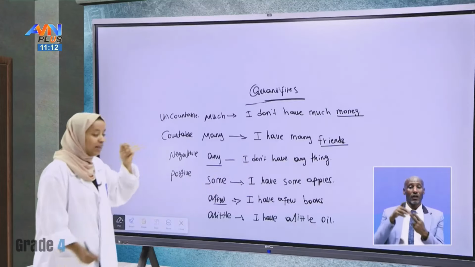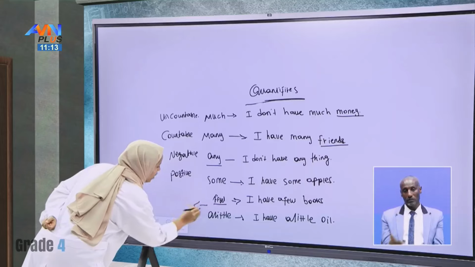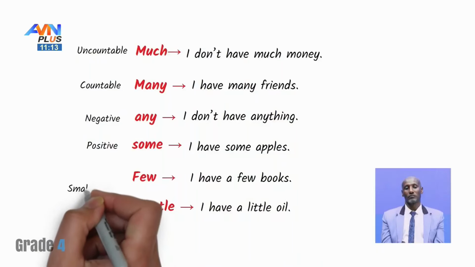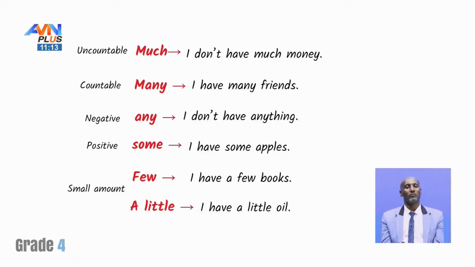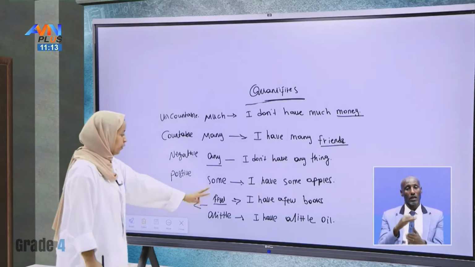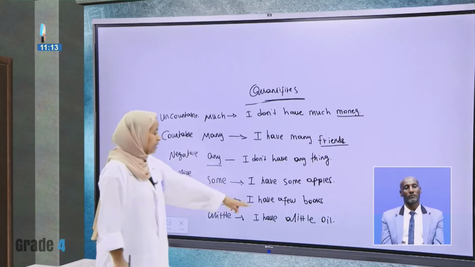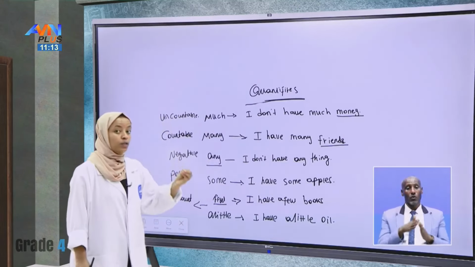When we come to a little, this is a small amount. Don't forget, both of them are a small amount. So we can say I have a few books. A few books. This is a countable noun.